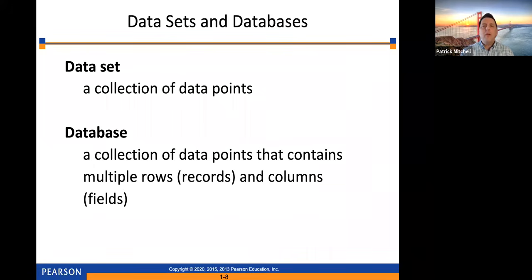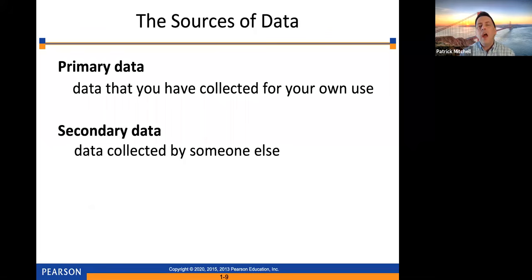All right, a data set is a collection of data points. A database is a collection of data points that contains multiple rows, which are sometimes called records, and columns, which are sometimes called fields. Sources of data: there's primary data, which is data that you yourself have collected for your own use. And then there's secondary data, which is data that's been collected by someone else.